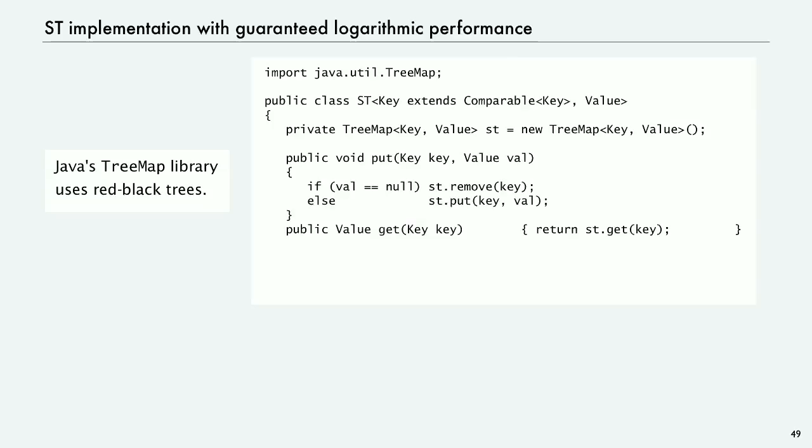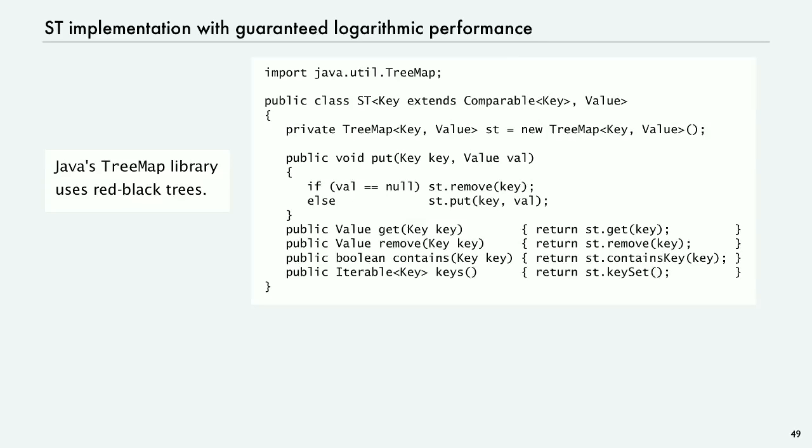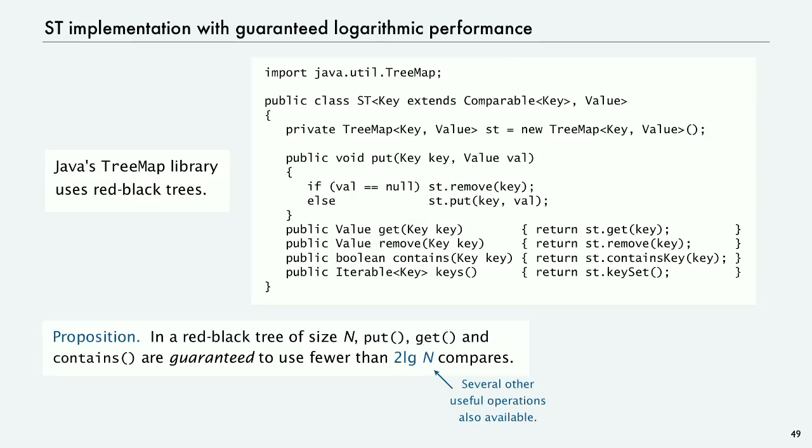So this is implementing our API using red-black trees using Java's library, just slightly different names for the methods. And so again, it's possible to prove that all the operations are guaranteed to use fewer than 2 log base 2 n compares, which is really an amazing result when you think about it.